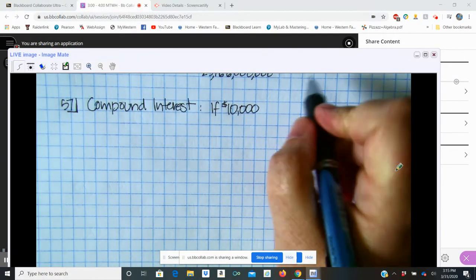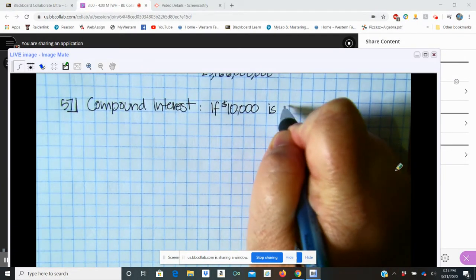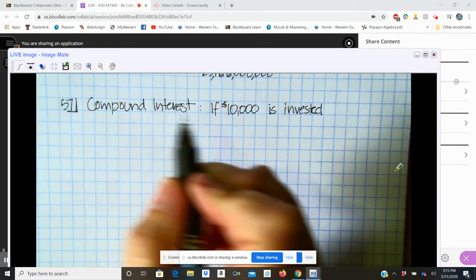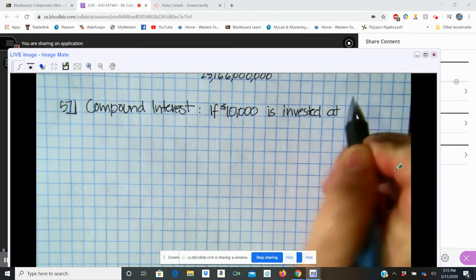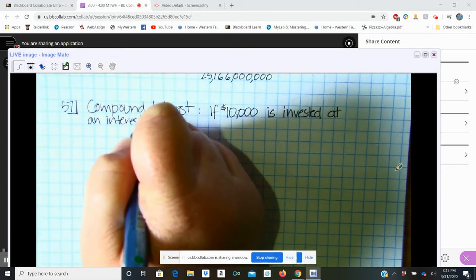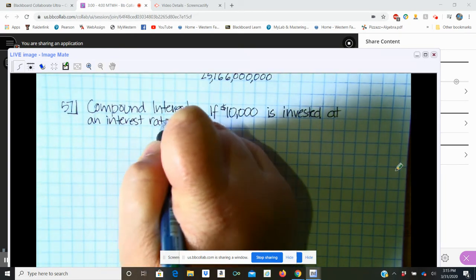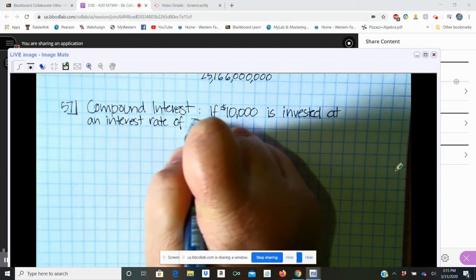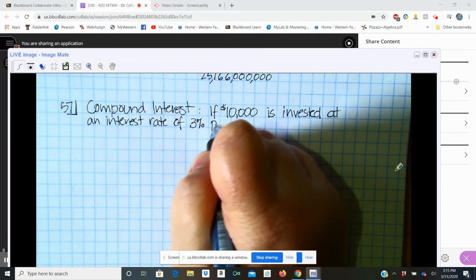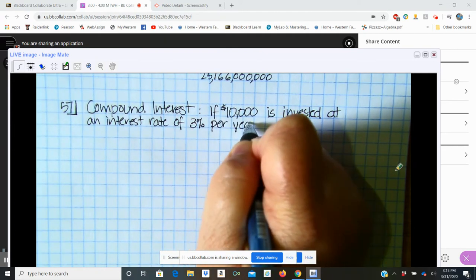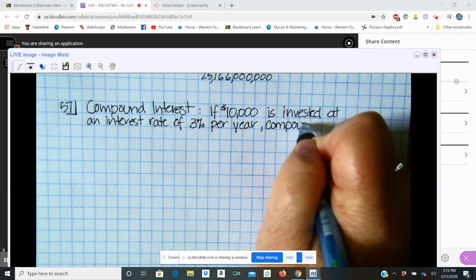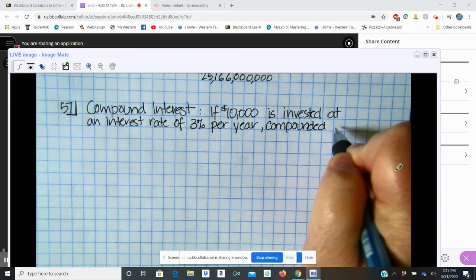All right, so if $10,000 is invested at an interest rate of 3% per year, compounded semi-annually.